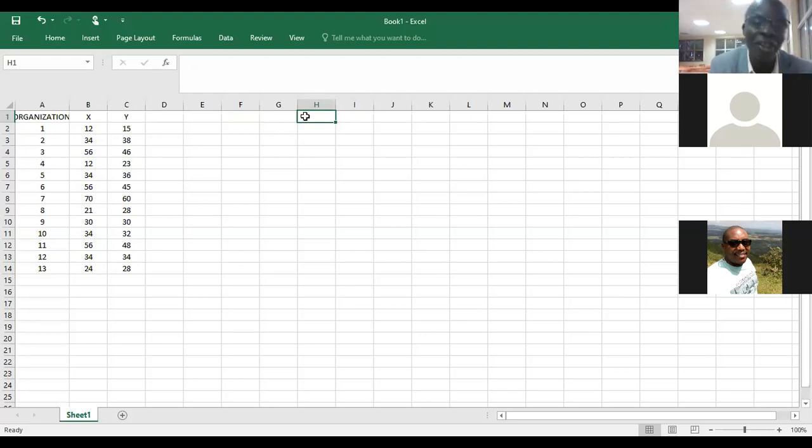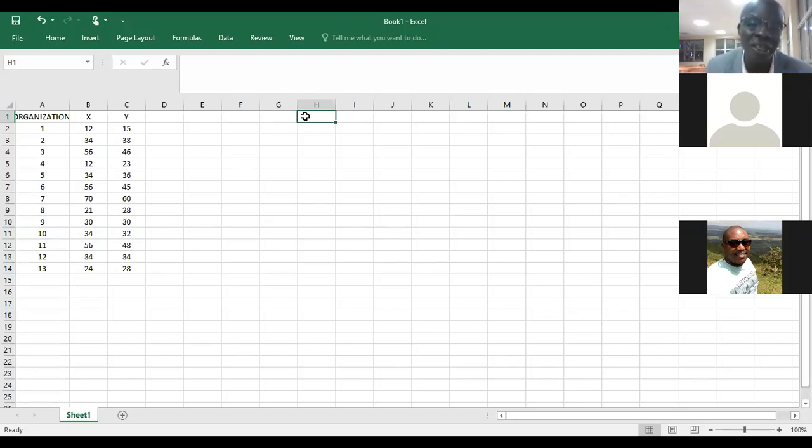In the same breath, you're also asking them to rate the significance of the effect of the advertisement cost on sales volume, again on a scale of 1 to 5: not at all, significantly, moderately, very significantly, and extremely significant.